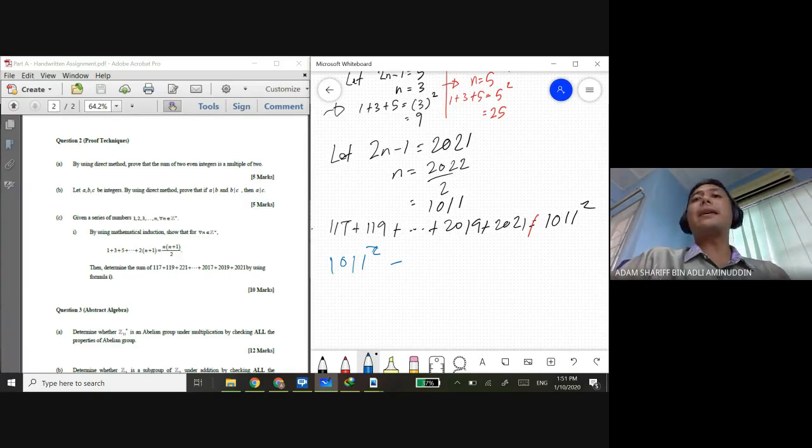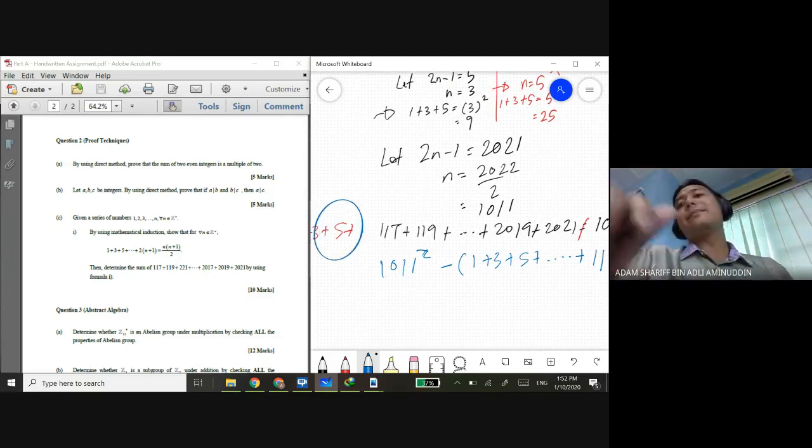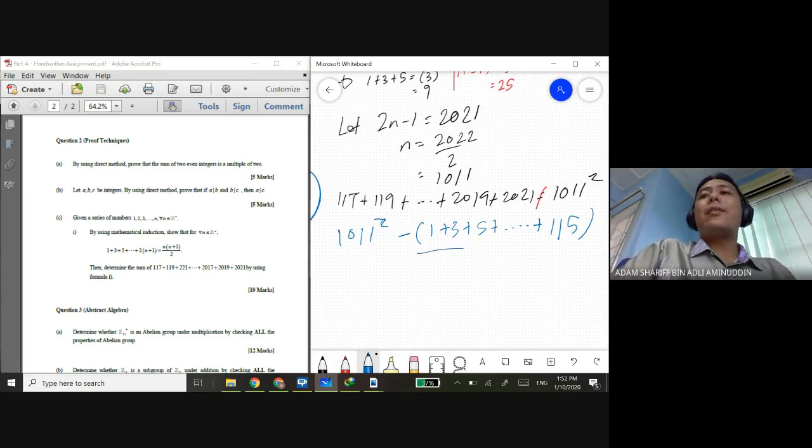You must minus the summation from 1 plus 3 plus 5 until 115. You must minus this part. So this value, I already taught you how.